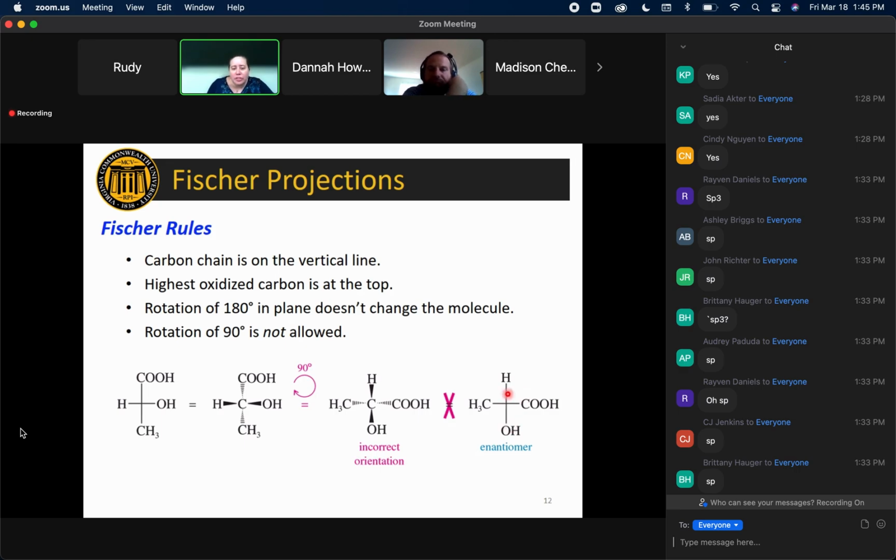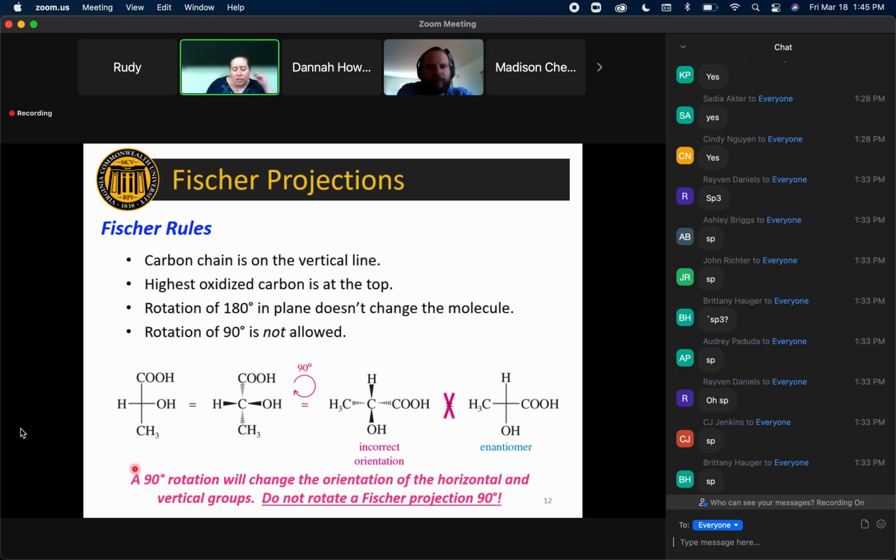So if you rotate a Fisher projection by 90 degrees, you can imagine you're taking all of your bonds that were coming forward and flipping them to the back, and all of your ones that were going back and flipping them forward. You've just changed the stereochemistry. So you are not allowed to rotate your molecules by 90 degrees in a Fisher projection. Okay, I know those are kind of weird. Again, they are not going to be a focus of this class, but it's something that I needed to make sure you guys have seen for completeness' sake, and because you will see it again sometimes.